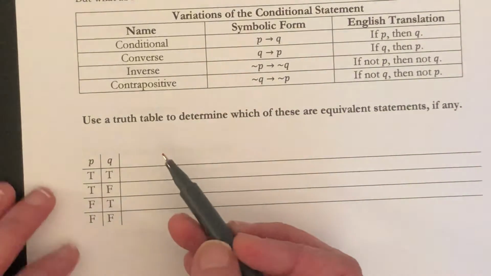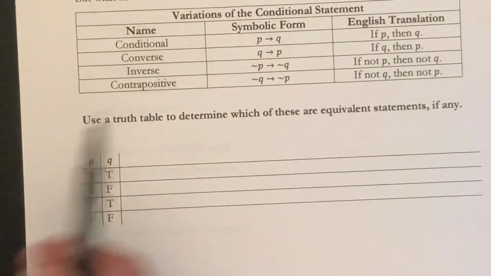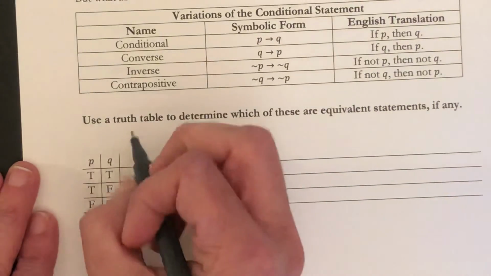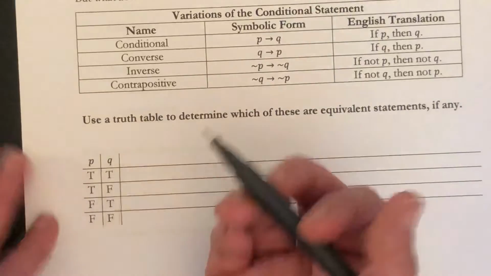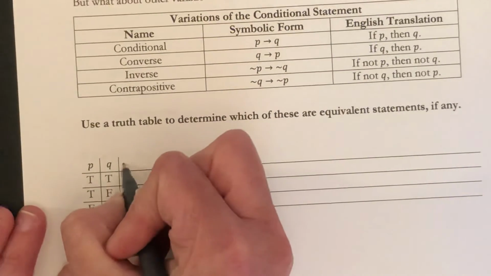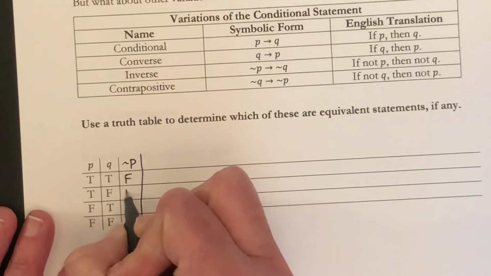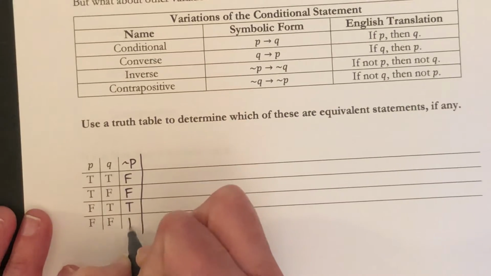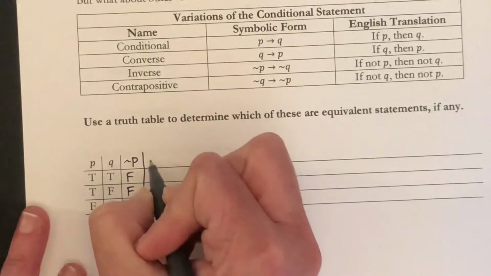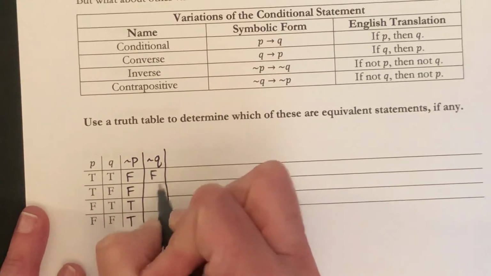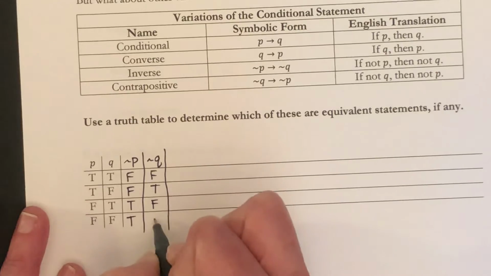So if I'm going to do a truth table for each of these, I need a not P and not Q. Not P is false, false, true, true. Not Q would be false, true, false, true.